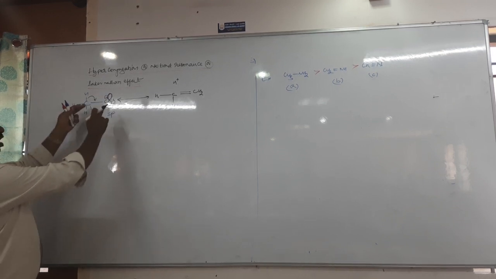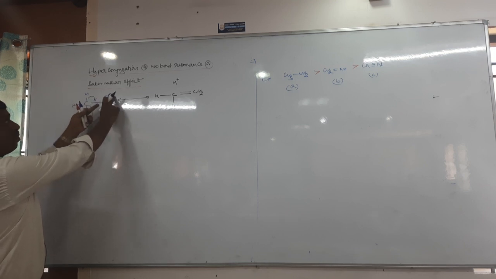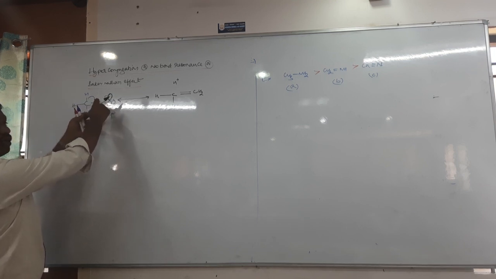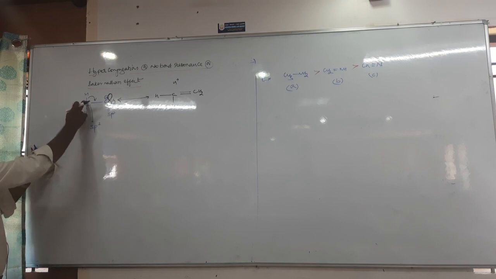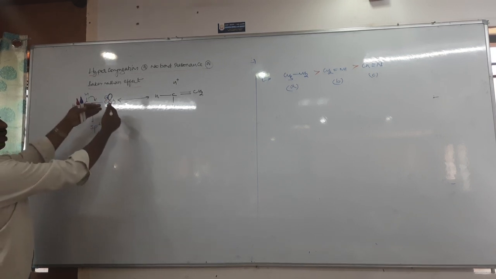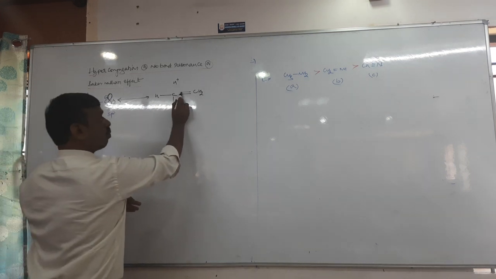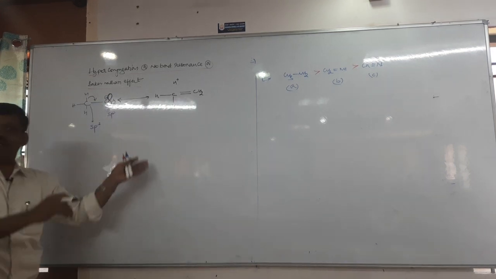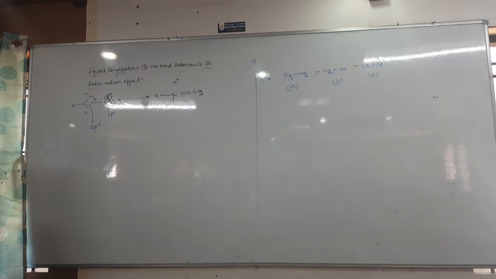That means there is an overlapping of the empty p orbital of the carbocation and the sigma bond of the adjacent CH bond. Due to overlapping, they form one new pi bond. That is because of this phenomenon called hyperconjugation.